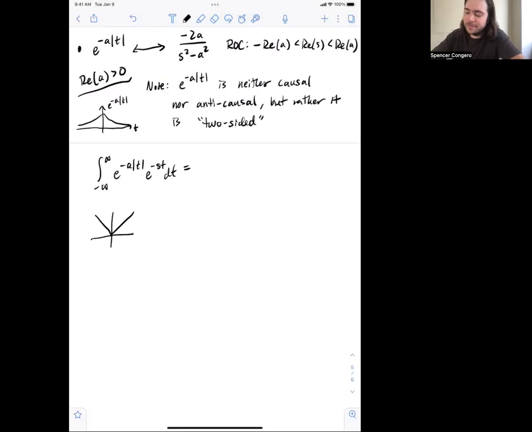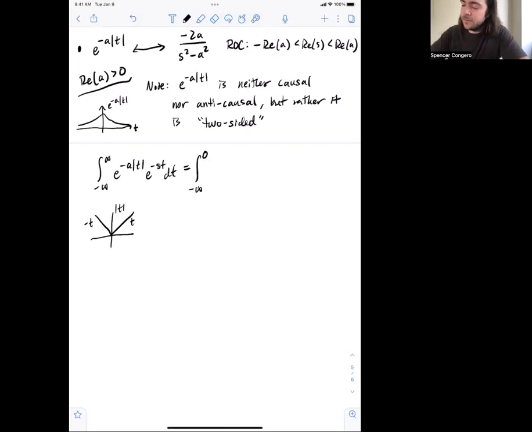When t is positive, it just equals t. When t is negative, it equals negative t, right? This function is negative t. This function is t. Okay, so when you encounter an absolute value of a variable in an integral, it often is helpful to split that integral up into just when that variable is positive and when it's negative.